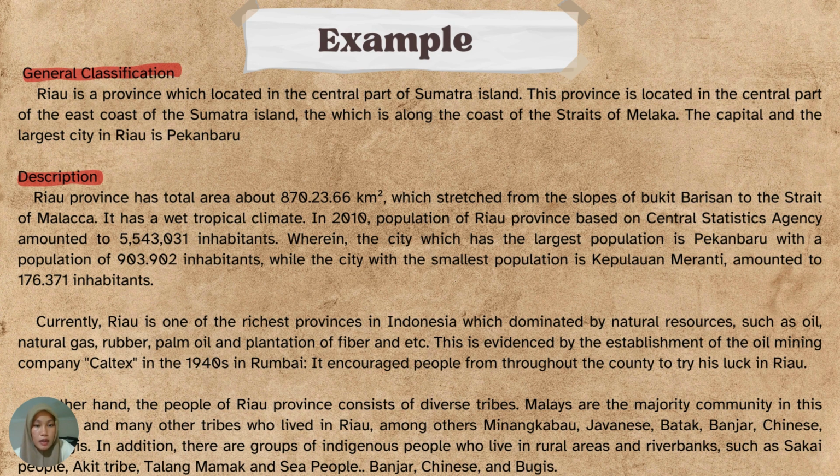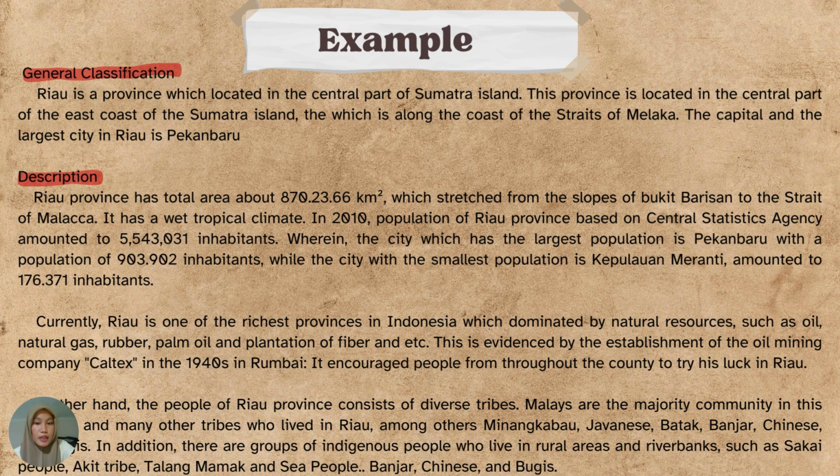This is evidenced by the establishment of the oil mining company Caltex in the 1940s in Rumbai. It encouraged people from throughout the country to try their luck in Riau. On the other hand, the people of Riau province consist of the first tribe.